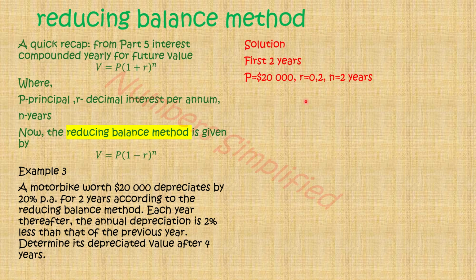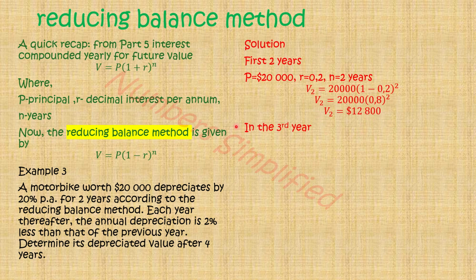So we substitute those values into the reducing balance method, and that would give us a V2. I'm using V2 to indicate that it is after 2 years. So V2, the present value after 2 years, is going to be given by 20,000 times 0.8 squared. And simplifying that, we are going to get a V2 of 12,800. That is in the first 2 years.